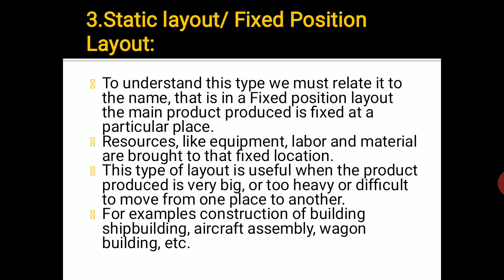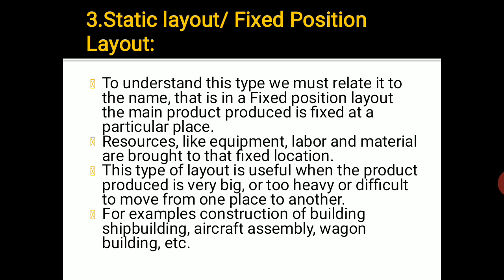Now, when can this static layout be used? Static layout can be used for all those production systems wherein we cannot have the mobility of the product. We cannot move the product, because the product is too heavy, or too big to take forward or backward, or to any other place.